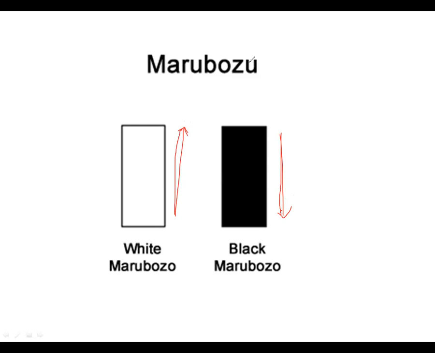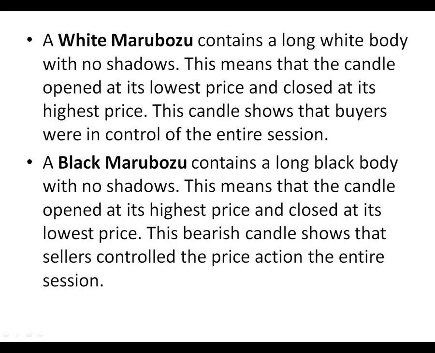Now, let's look at further explanation of this Marubozu. A white Marubozu contains a long white body with no shadows. This means that the candle opened at its lowest price and closed at its highest price. This candle shows that buyers were in control of the entire session. So on that day, there weren't sellers. It was totally buyers.